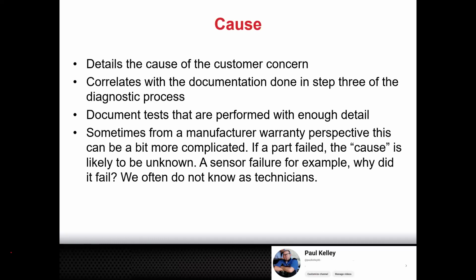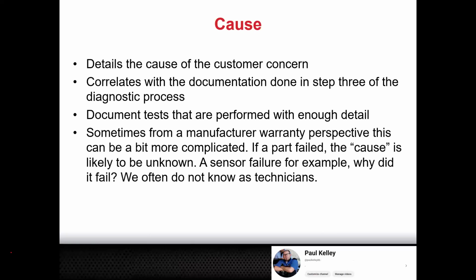Now, what I wrote right here is something that I want to add. Look, sometimes from a manufacturer warranty perspective, this can be a bit more complicated, right? I've been talking with people at the region and stuff. If a part failed, the cause is likely to be unknown.